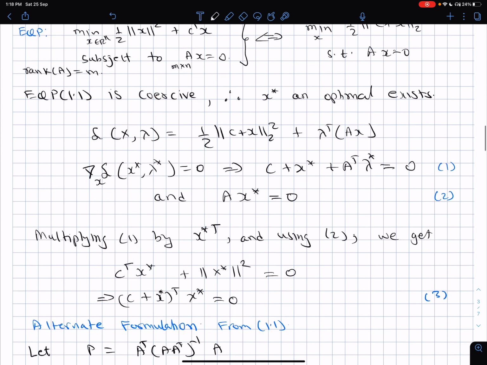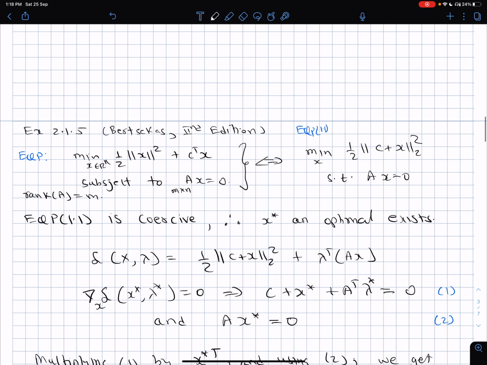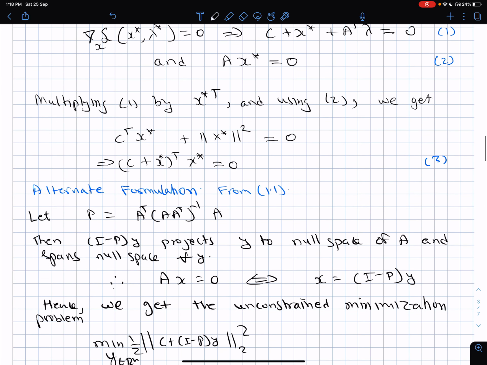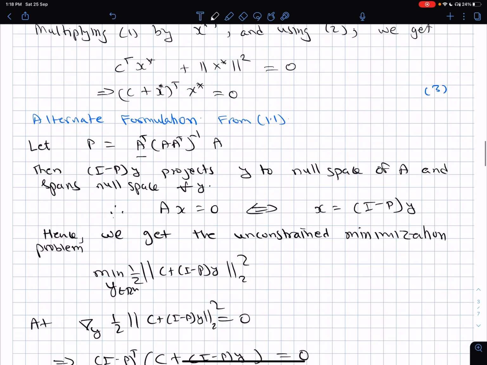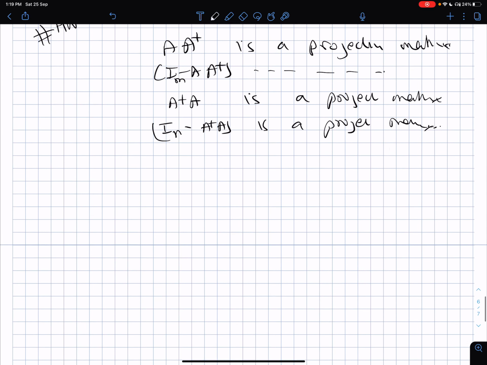Now let me get back to what we were doing. Here I have chosen a projection matrix, A transpose. Did I write anything wrongly?